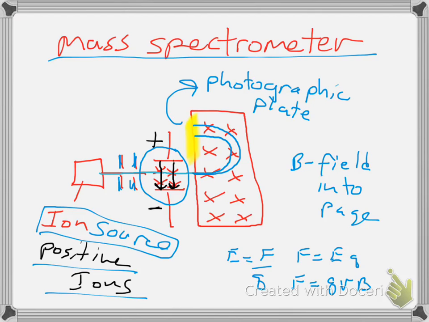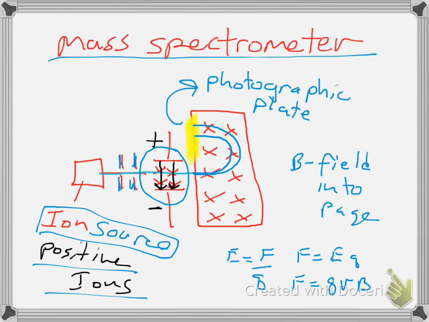But take a look, you could set these two F's equal. We've done this before, and if you do that, you end up having EQ equals QVB, and then look what cancels out. The Q's cancel out, and the velocity of the particles coming through would be equal to E over B.